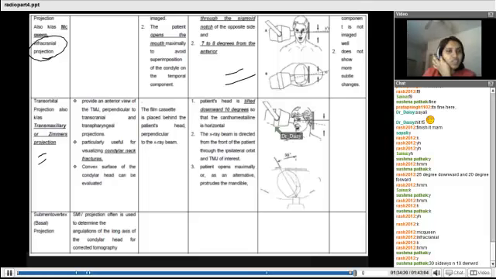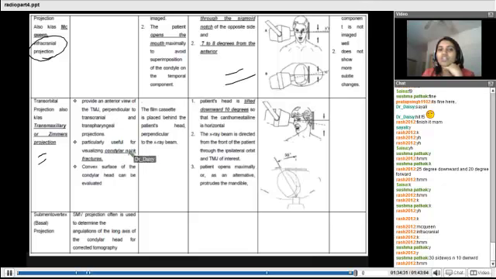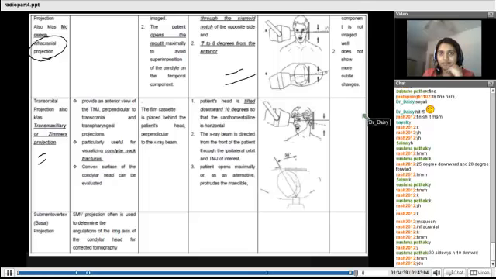So what you actually see is a nice anterior view of the TMJ, particularly useful in visualizing the condylar neck fracture.